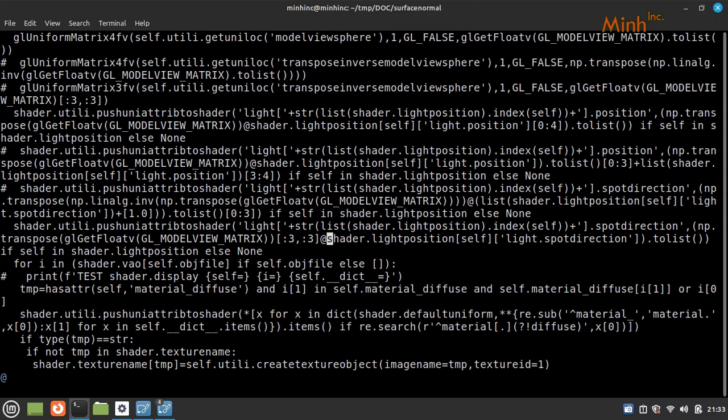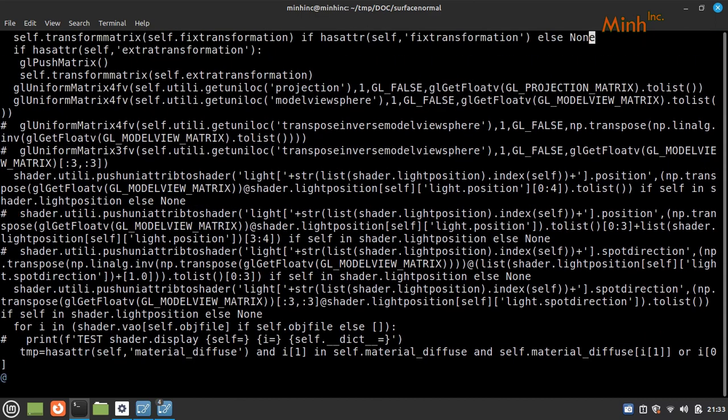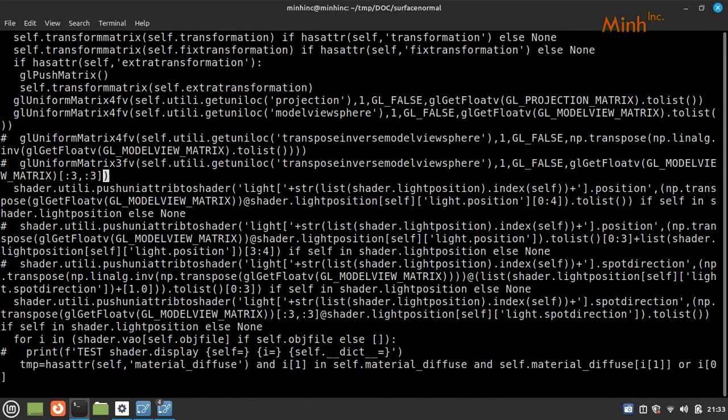We just take out the first 3 rows and first 3 columns. Earlier we were also doing a transpose and then an inverse, and in the model view also. Transpose and inverse are not required.